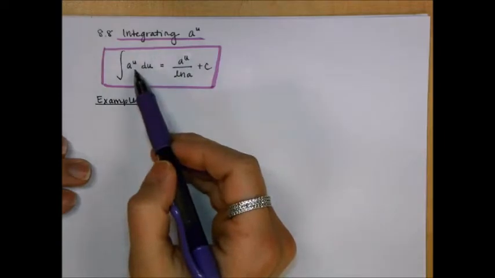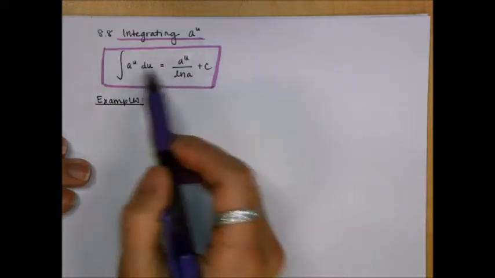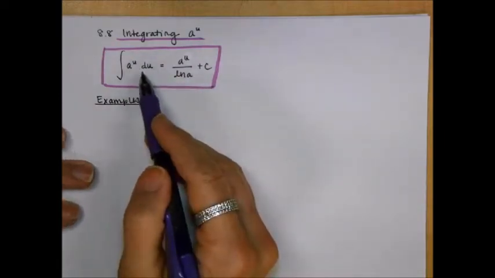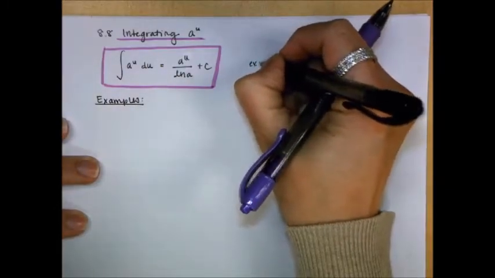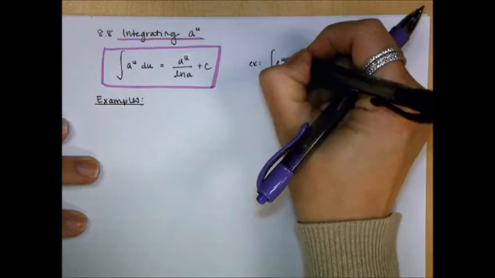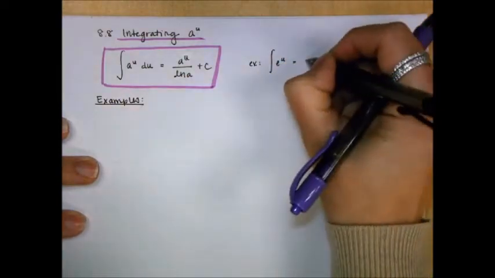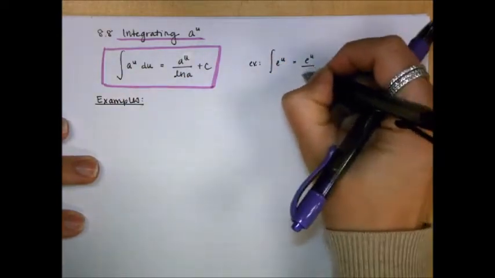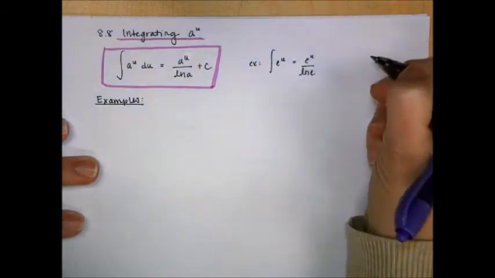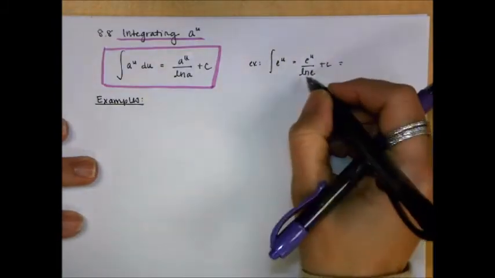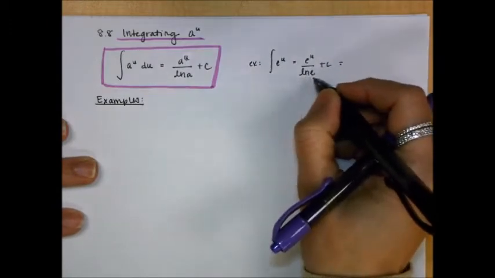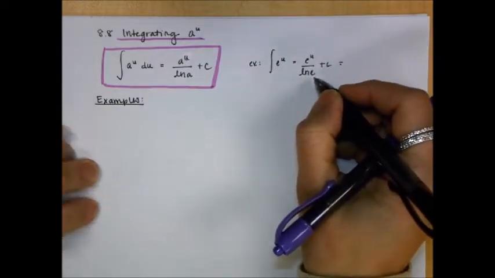You'll find that this is very similar to what we did with integrating e to the u, and the formula there for integrating e to the u. So if we apply that here, we would get e to the u divided by the natural log of e, so the base, plus c. The natural log of e, remember natural log and e are inverse operations that undo one another.